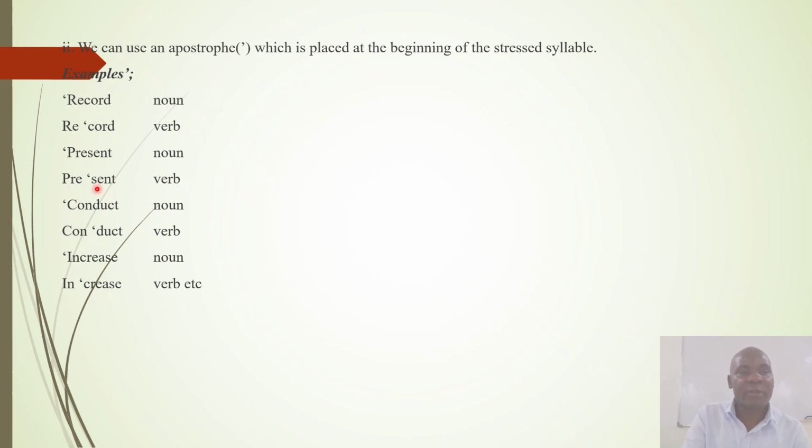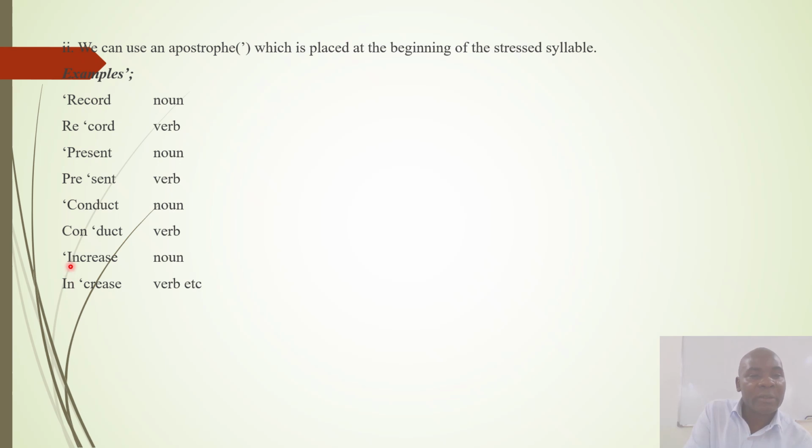Then the next word, the C comes first as the first syllable. In that word, C is coming out first in the first syllable, so therefore the apostrophe is placed on top of that C. Then we have the apostrophe placed on D, which is coming out of the second syllable.